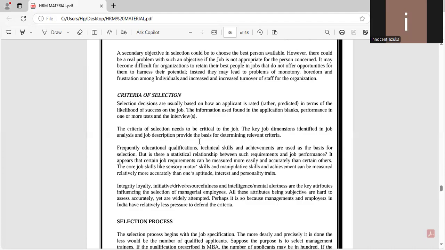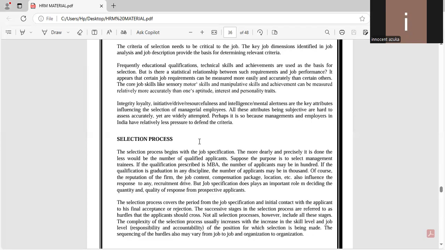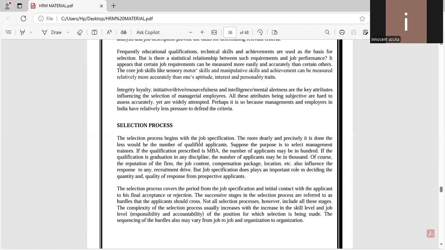Job analysis and job description provide the basis for determining the relevant criteria of the selection process. The selection process begins with the job specification.